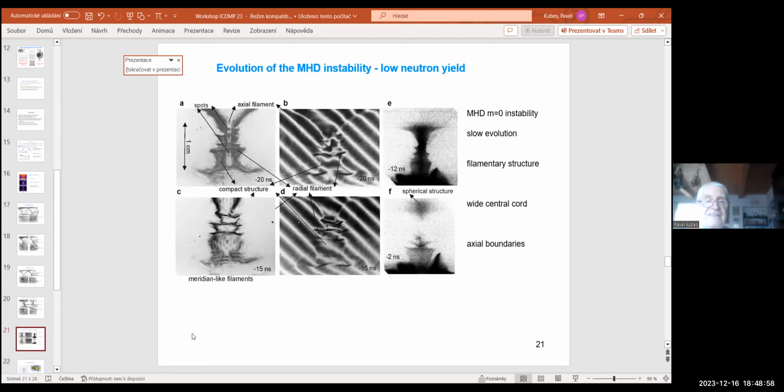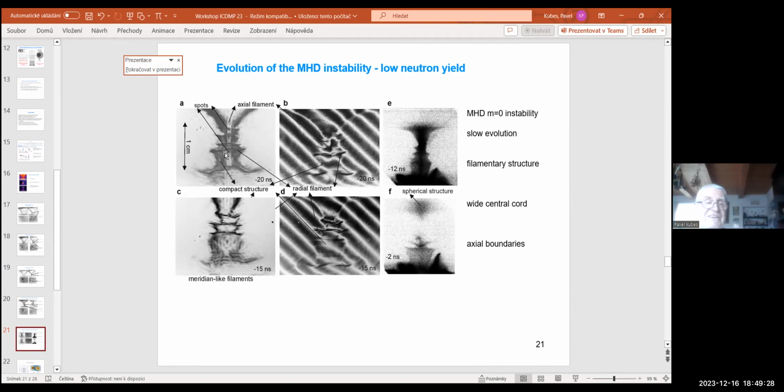In the next slide, we have a difference. In short, we have very low neutron yield. In this case, we observe very nice compact structure, once more 2 or 3. And we see their high stability during 5 nanoseconds, practically didn't change.